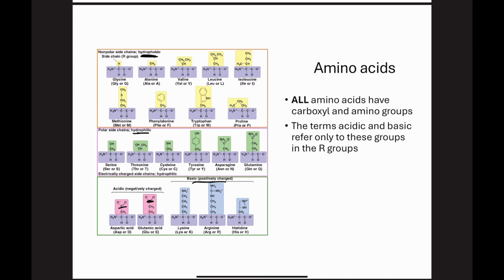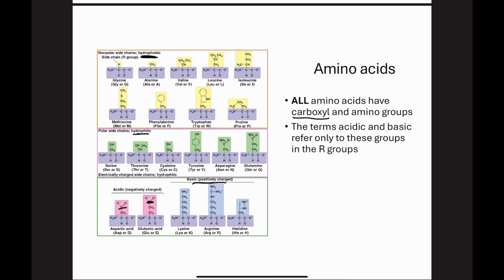But every single amino acid is going to have a carboxyl group and an amino group. And the terms acidic and basic in the context of amino acids refer only to the R groups.